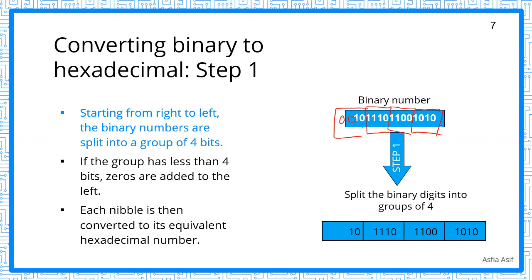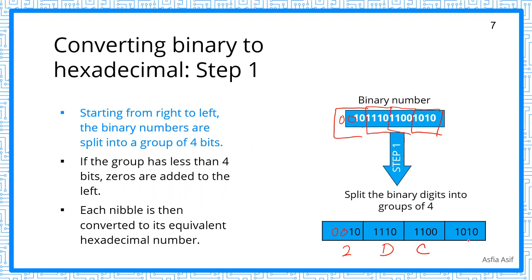So we have 4 groups. 0, 0, 1, 0 will be 2. 1, 1, 1, 0: that is 2 plus 4 plus 8, 13, and 13 is 10, 11, 12, 13, A, B, C, D, D. And this one, 12 will be C.